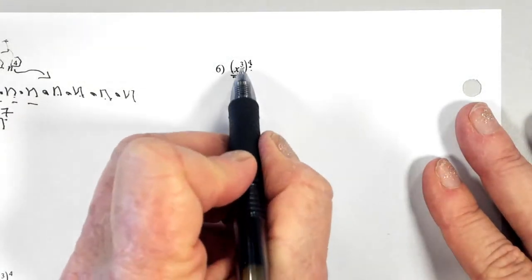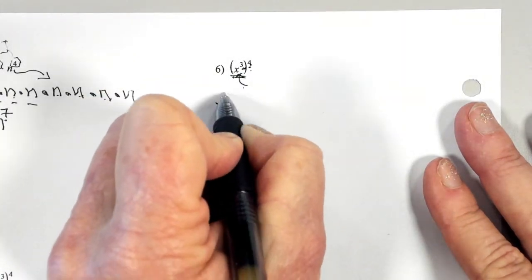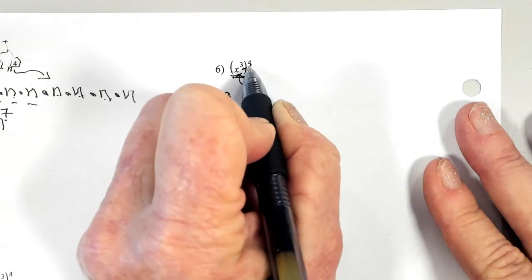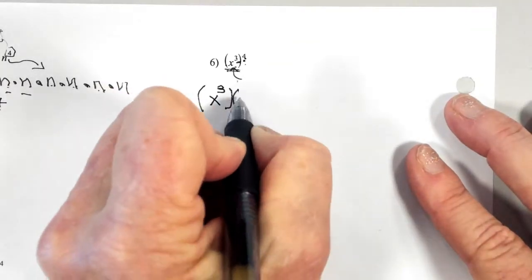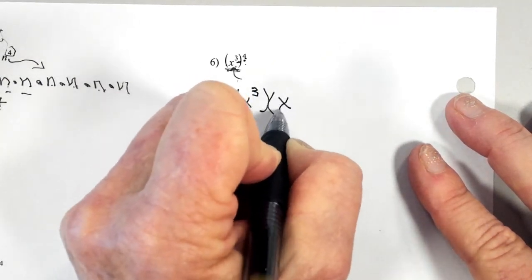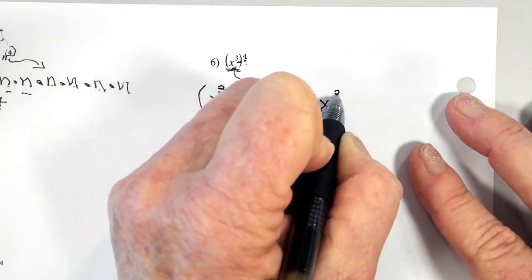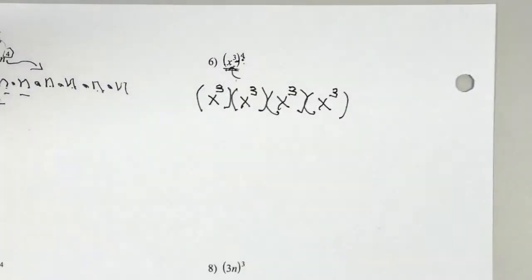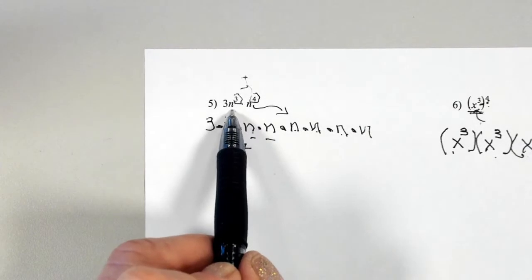So I'm going to take x to the power of 3 and write it 4 times. x to the power of 3 times x to the power of 3 times x to the power of 3 times x to the power of 3. Doesn't that look like what we were doing over here?